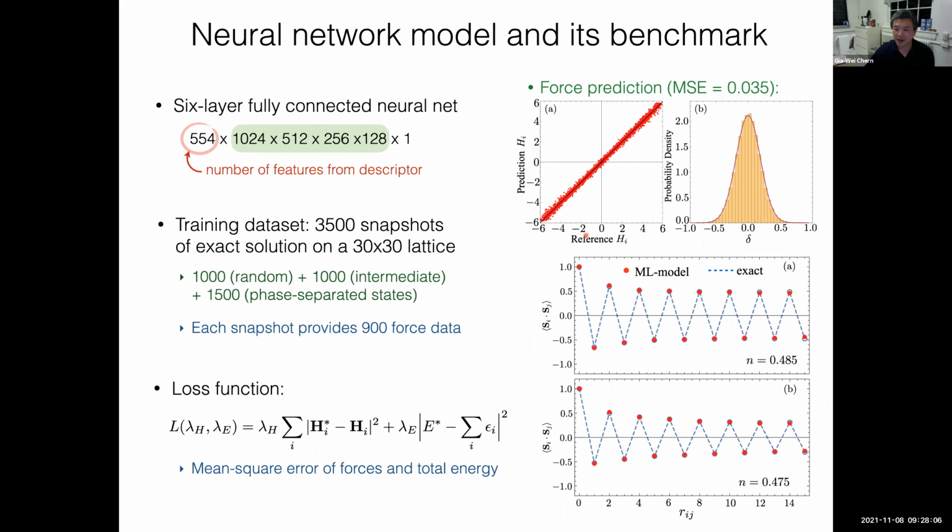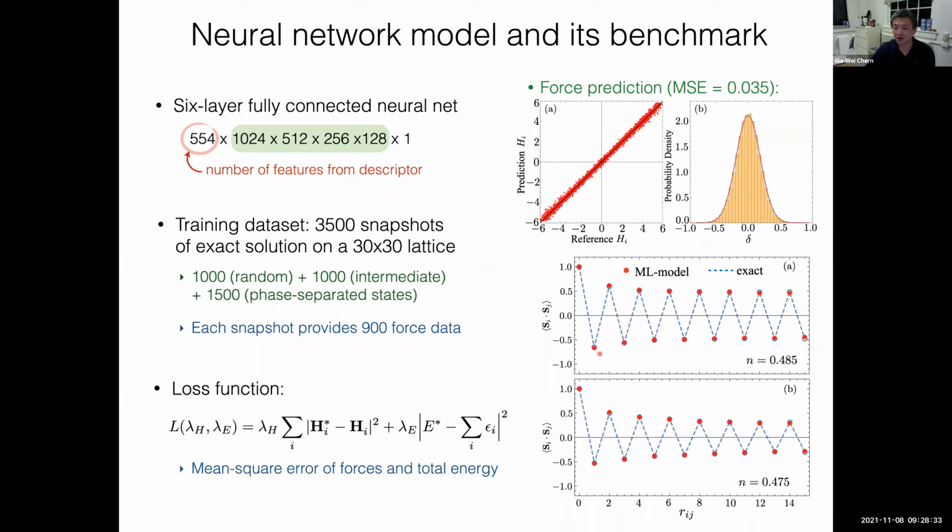And we also test our neural network model on a small 30 by 30 system. Here we compare the Langevin simulation using the machine learning potential and the Langevin simulation using exact diagonalization to solve the electron Hamiltonian. These two figures show the spin-spin correlation function at 2 different electron filling fractions.